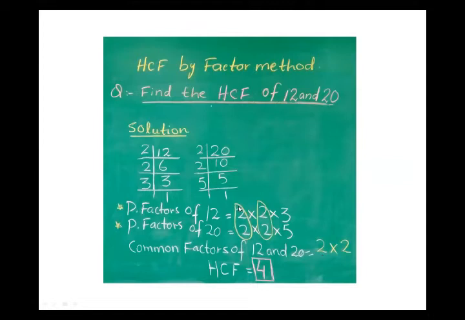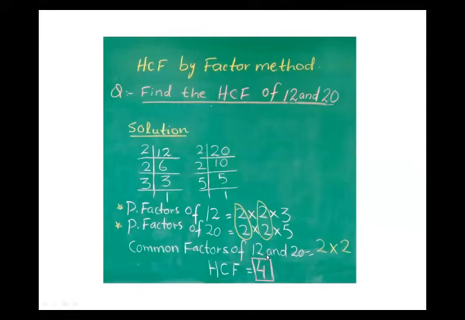You can see that we have a common 2 in both prime factorizations. For the first pair we took 2, and for the second pair we took the second 2. The common factorization of 12 and 20 is 2 into 2, and for the HCF we multiply both numbers, 2 into 2, which is 4. So the HCF of 12 and 20 is 4.